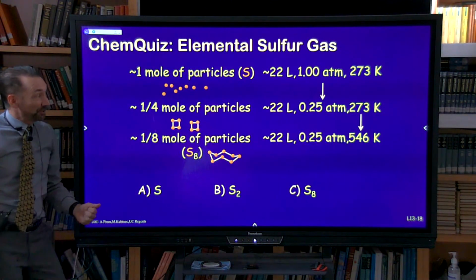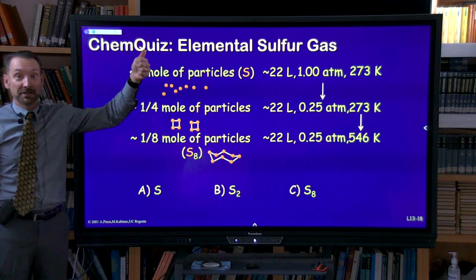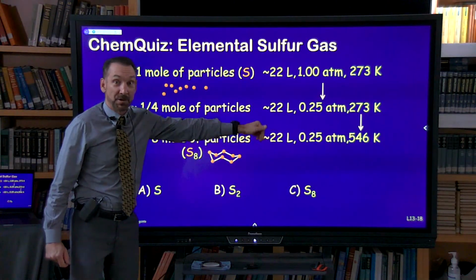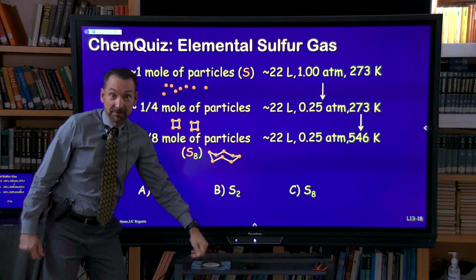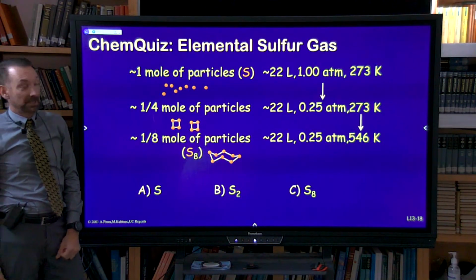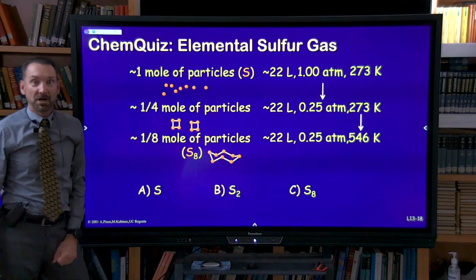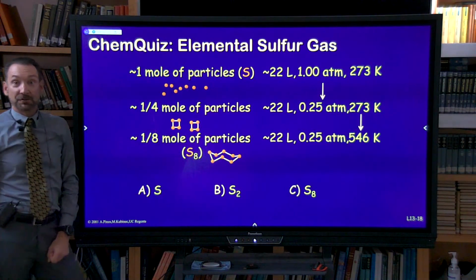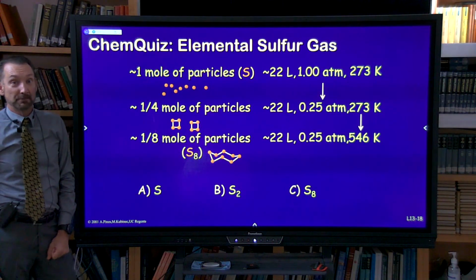So that should increase the pressure, but it didn't. Pressure stayed the same. So I have to decrease the number of particles. And that's about a factor of 2 as well. So the particles in there are S8 particles.